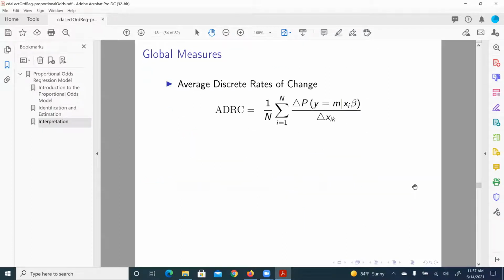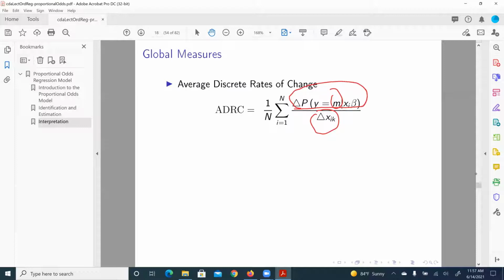And of course, we can calculate, for example, average discrete rates of change. That is, for a certain amount of change in xk, we observe how much change there is in the predicted probabilities for a given response level of y.